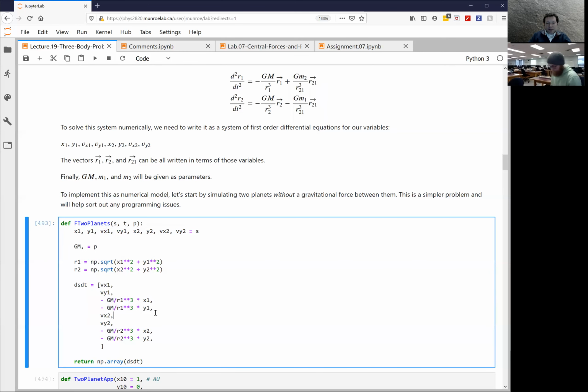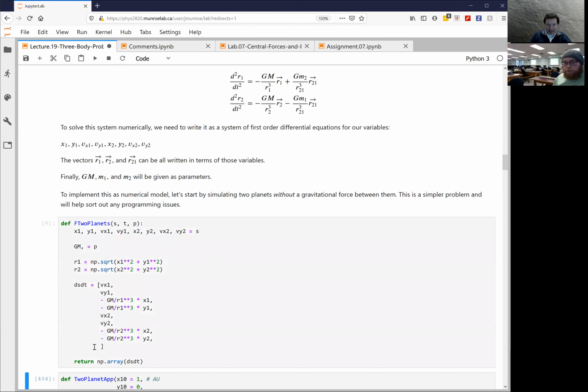In some ways it's the same as before, except instead of 4 equations, we now have 8 equations. That's the right-hand side of this system when it's been turned into a system of first-order equations. Once you have that system, we can write a driving application, something that brings it all together.